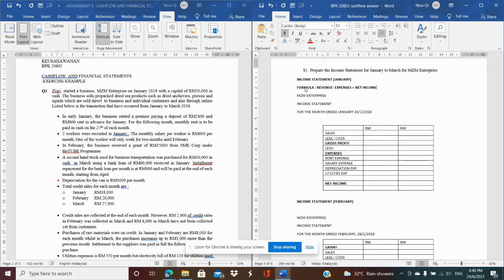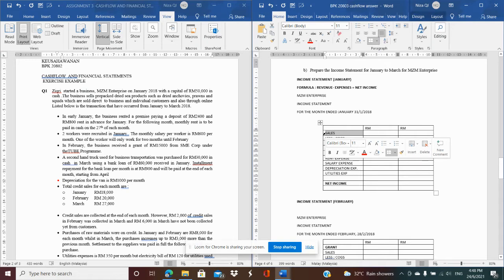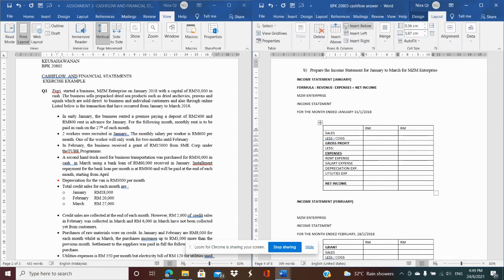So what is the revenue? Revenue is like the inflow, the income coming in. Income will come from operating income or also from non-operating income.